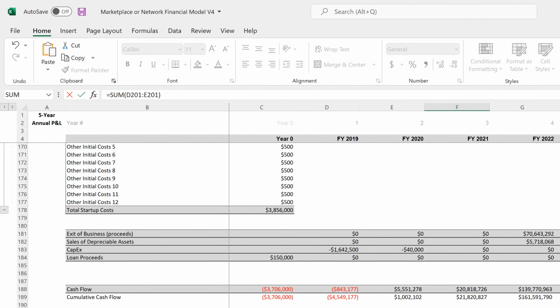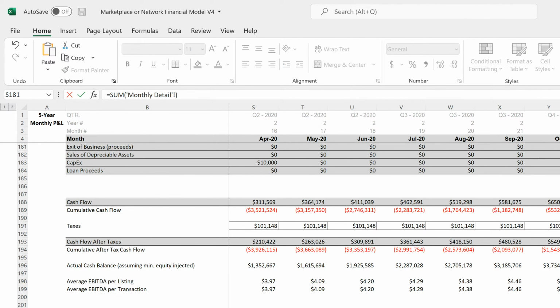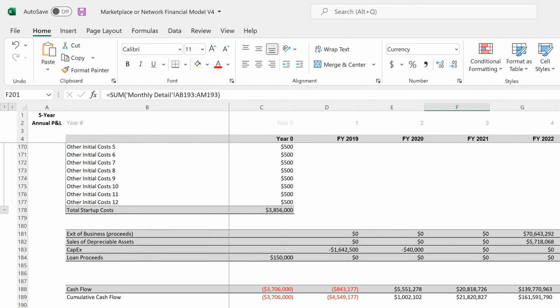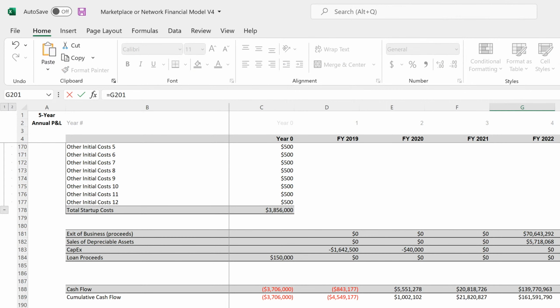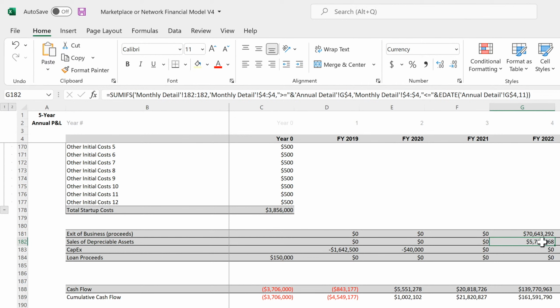Let's look at 2021. Matches. 2022. Does not match. Okay, is that what we're out? Let's go this minus this. Yep. And oh, that's sale of depreciable assets.